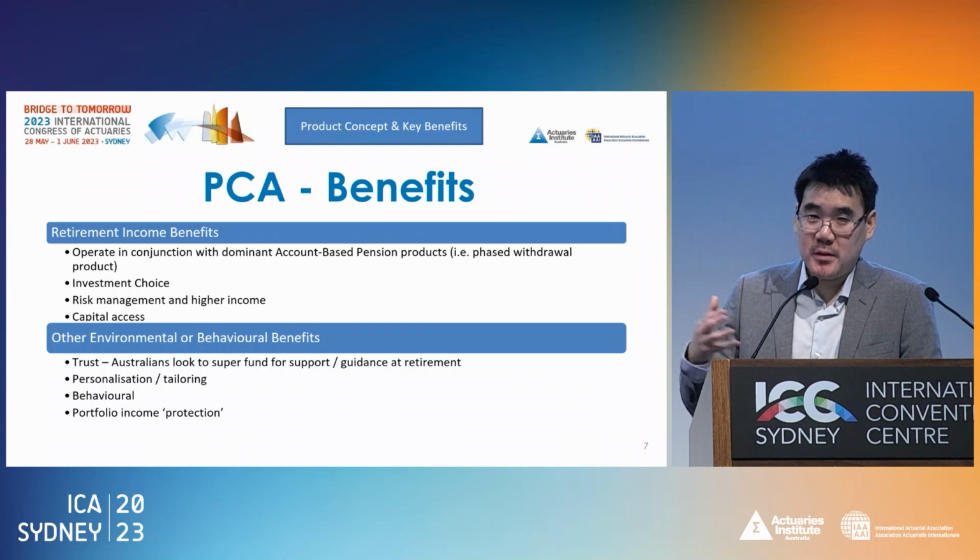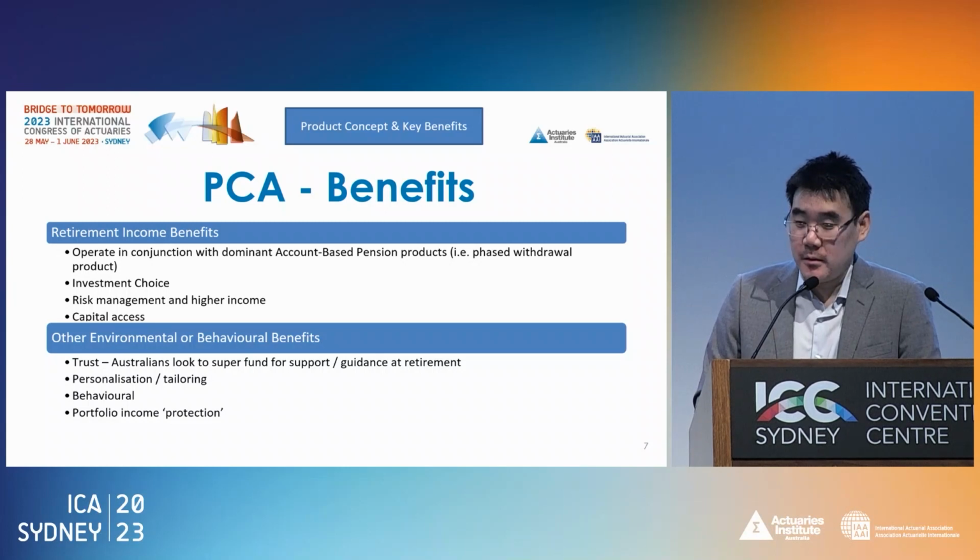It can provide consistent options to the member in terms of their investment choice. In terms of an account-based pension, we know that it doesn't really offer any specific longevity or investment risk protection, other than, of course, having to reduce the amount of drawdowns to manage that sustainability. And in particular in Australia, obviously, with the prevalence of members sticking to the minimum drawdown rate, which has been confirmed by other people at the conference here today, that causes some problems.